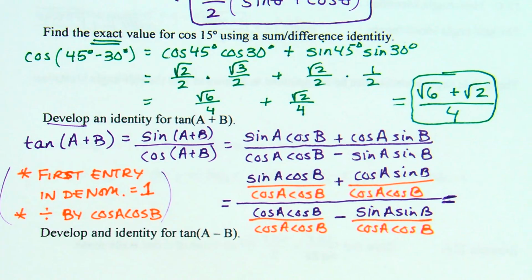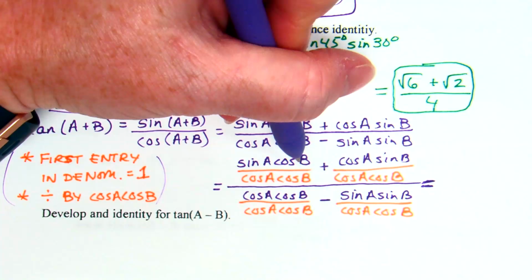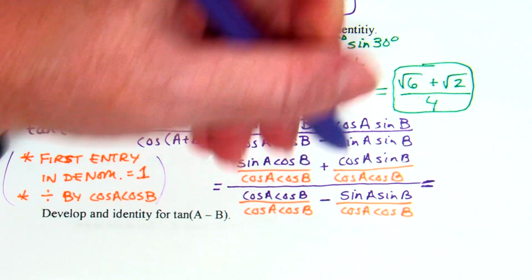Okay, you ready? I'm going to do this piece by piece. First thing in the numerator: sine A cosine B divided by cosine A cosine B. What do you notice? The cosine B's are going to cancel, yes?